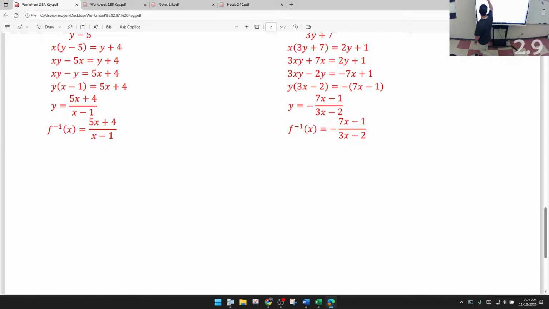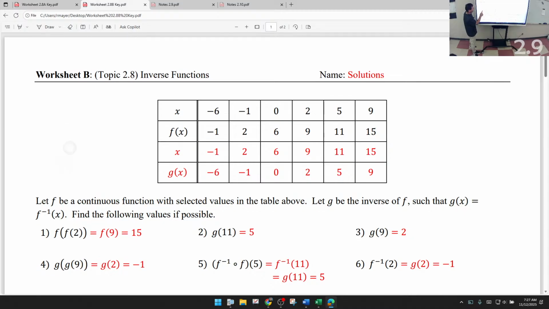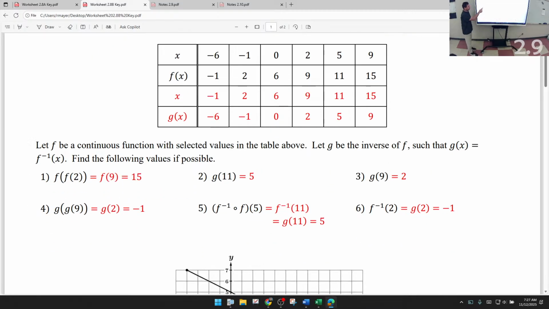The second worksheet, there were 2 parts, yes? You had to be in, okay. So the first one, for number 1, you should have got 15. Number 2, 5. Number 3, 2. Number 4, negative 1. Number 5, 5.